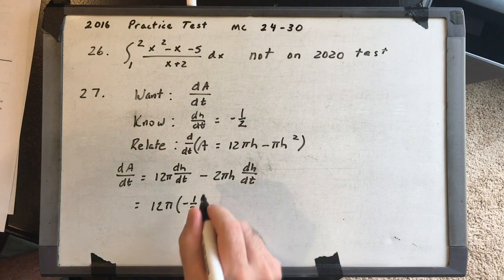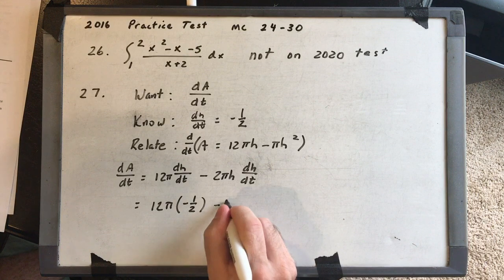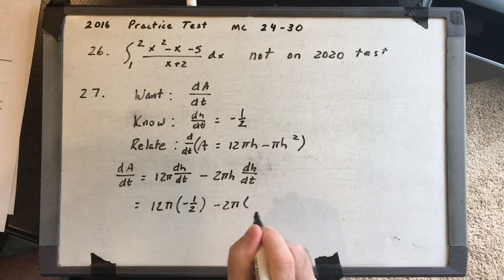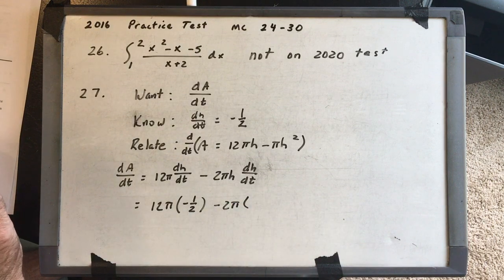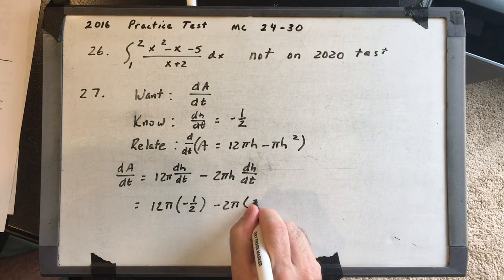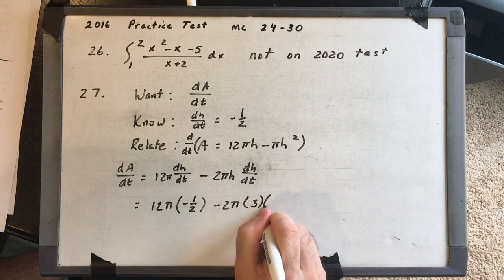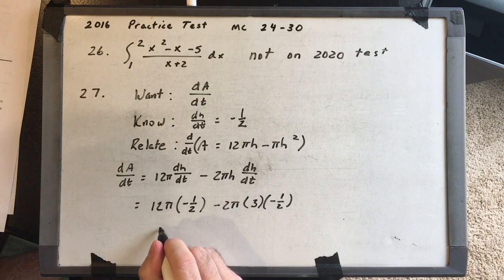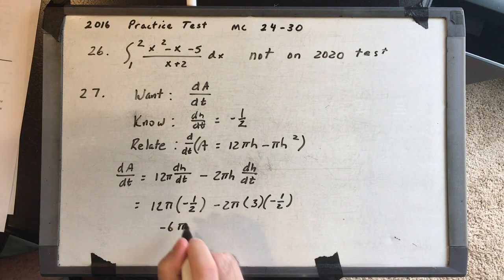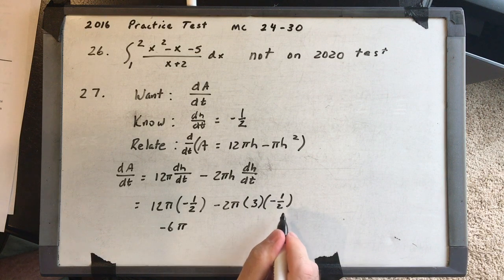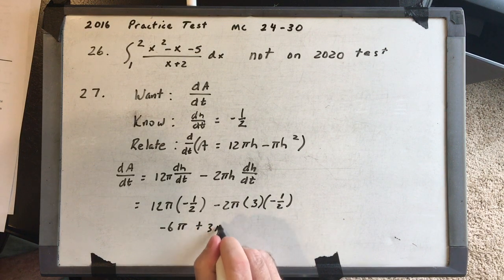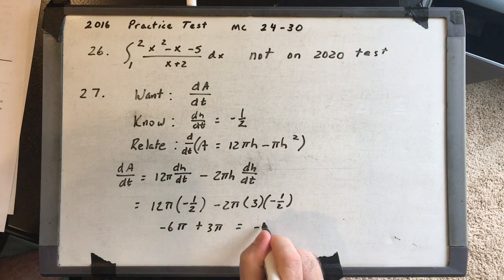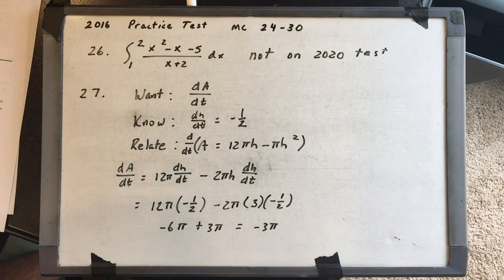Minus 1/2, minus 2 times pi times the height. What is the height? This is the depth of the water. It's 3 at this particular point in time, times minus 1/2. And now it's just a matter of going through there. So that'd be minus 6 pi and then plus 3 pi. So that is minus 3 pi.